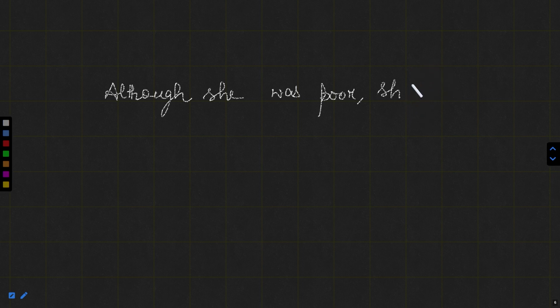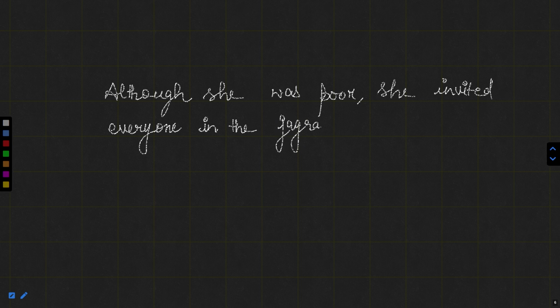Although she was poor, she invited everyone in the Jagran, suppose. Let us take an example. She invited everyone in the Jagran.